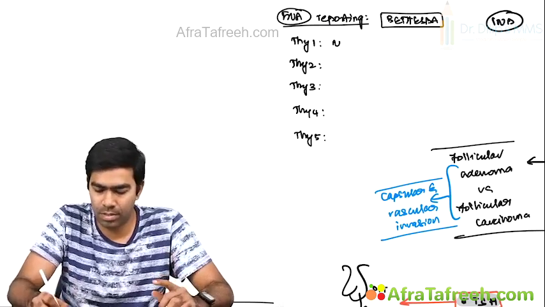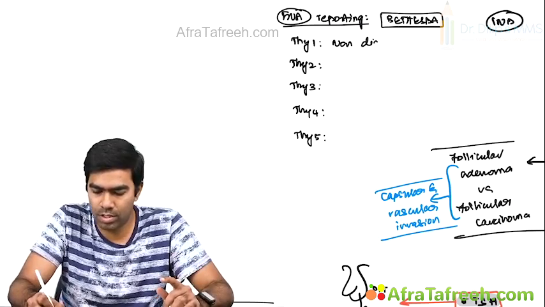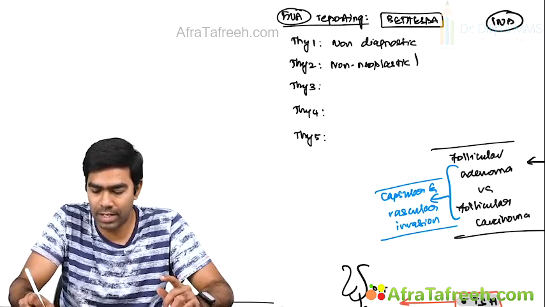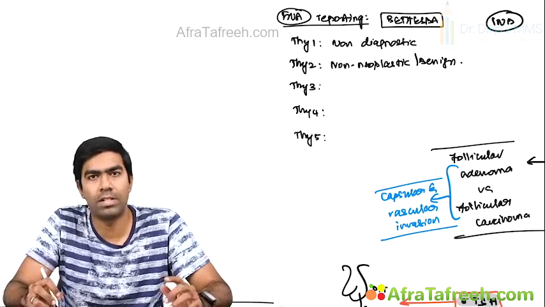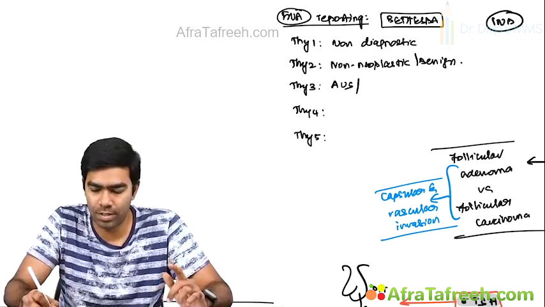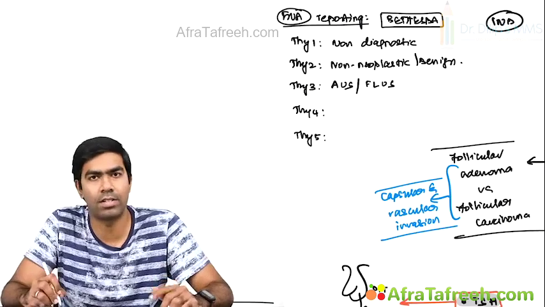Thy1 means it's non-diagnostic, and Thy2 means we can call them non-neoplastic or a benign lesion. Thy3 means atypia of undetermined significance or a follicular lesion of undetermined significance, FLUS.